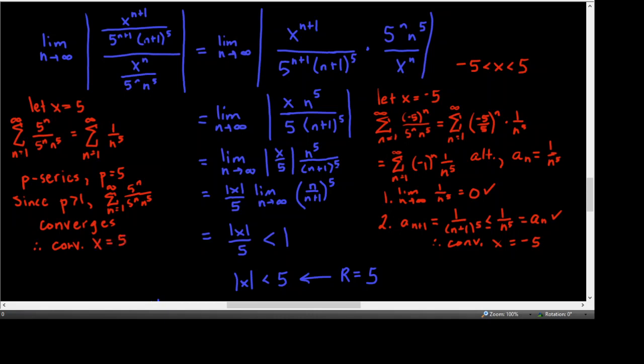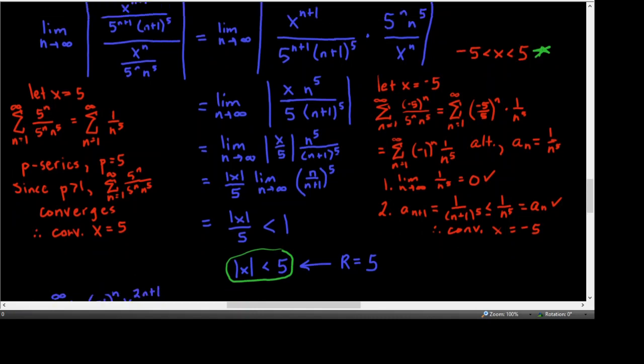And so, right over here, this is the temporary answer from this inequality right here, with the absolute value removed, goes to up here where the star is, and that's our interval of convergence until we find out whether the endpoints give us convergence or not.